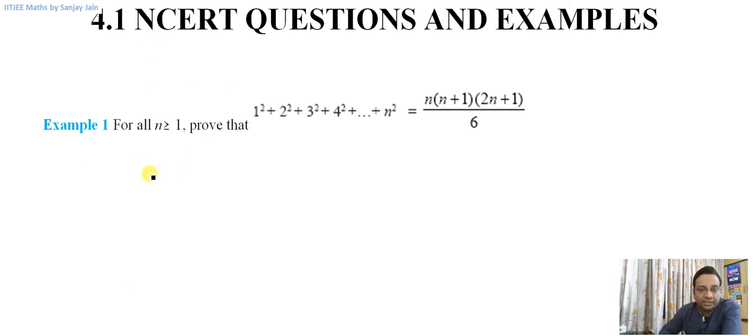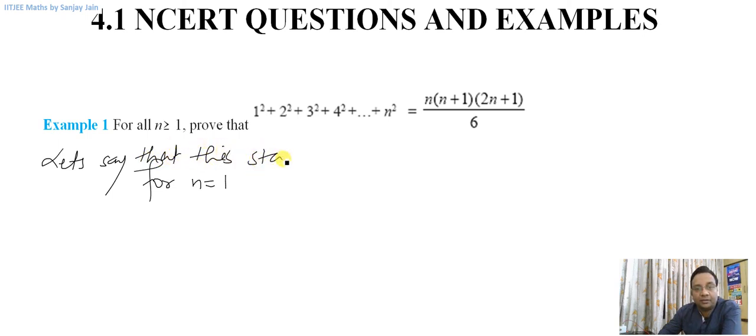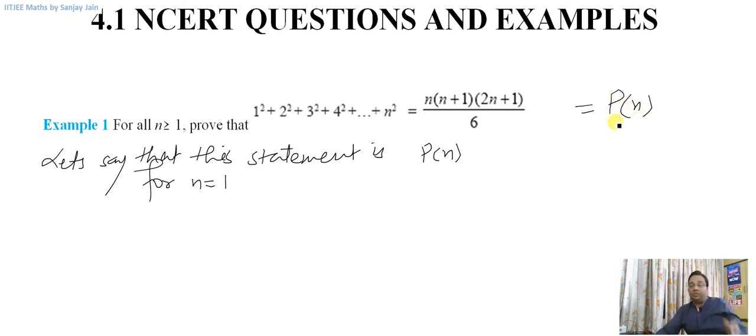Okay, so let's check for n equal to 1. First of all, let's say that this statement is P of n, right? So we can write this complete statement and then show it equal to P of n.